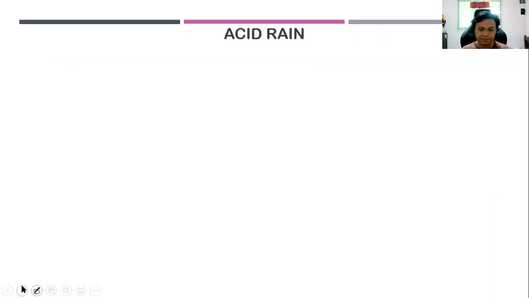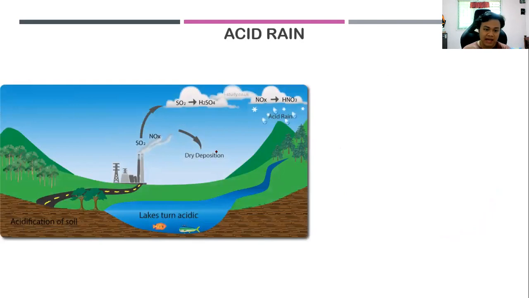So yeah, next, let's talk about acid rain. So what really happens in acid rain? As I told you earlier in the volcanoes part, there is a power plant. They burn coal, and as you know from your calculations, coal has sulfur and nitrogen components.